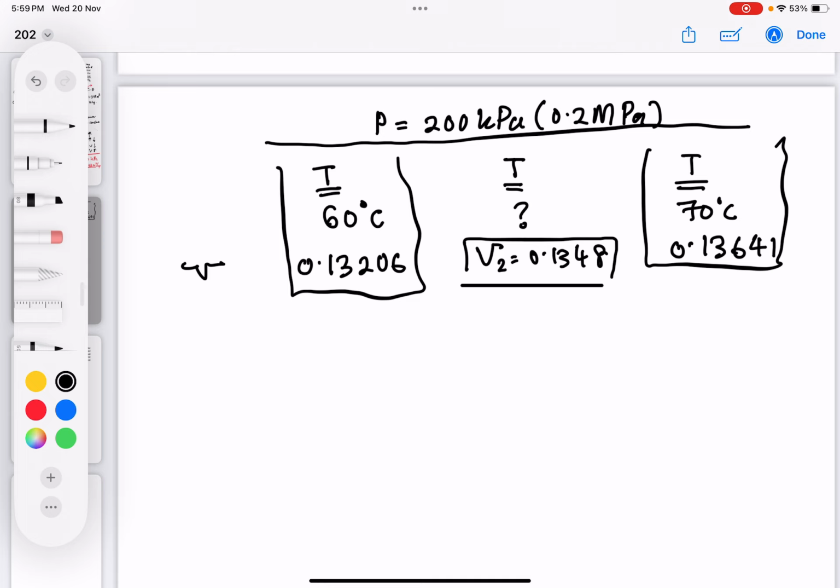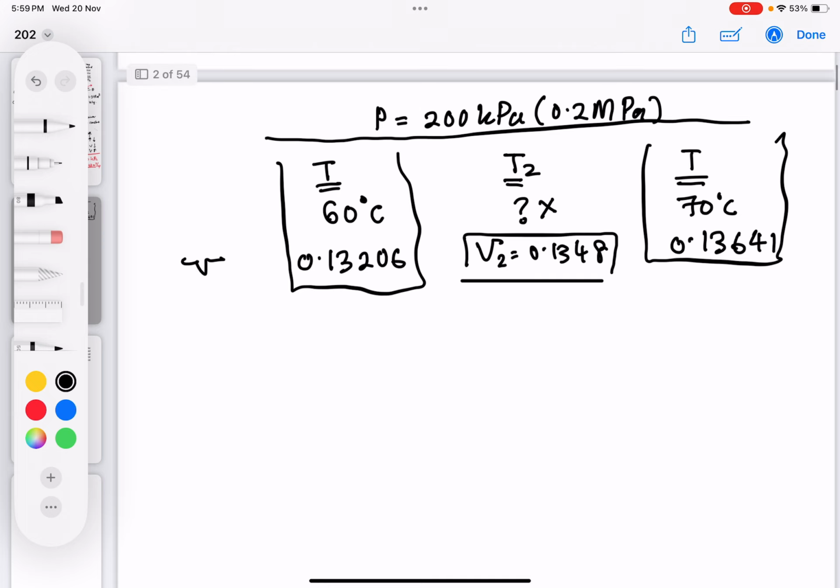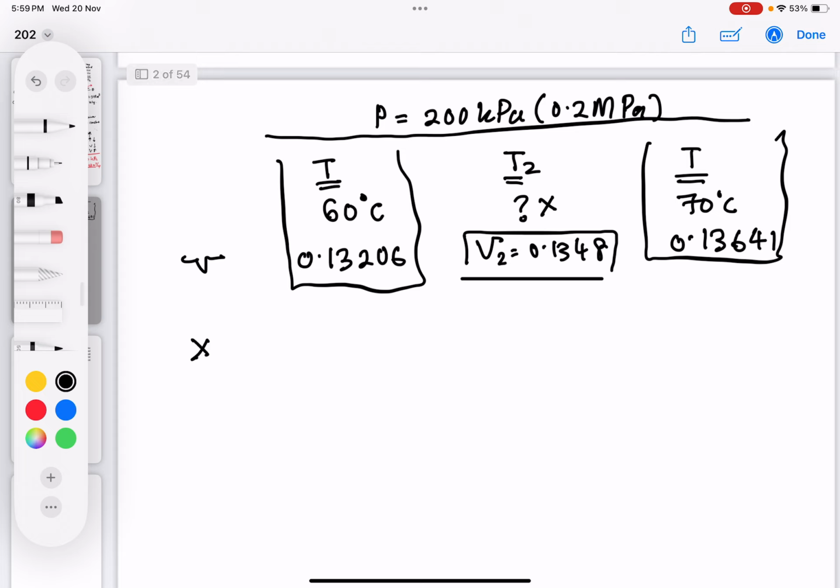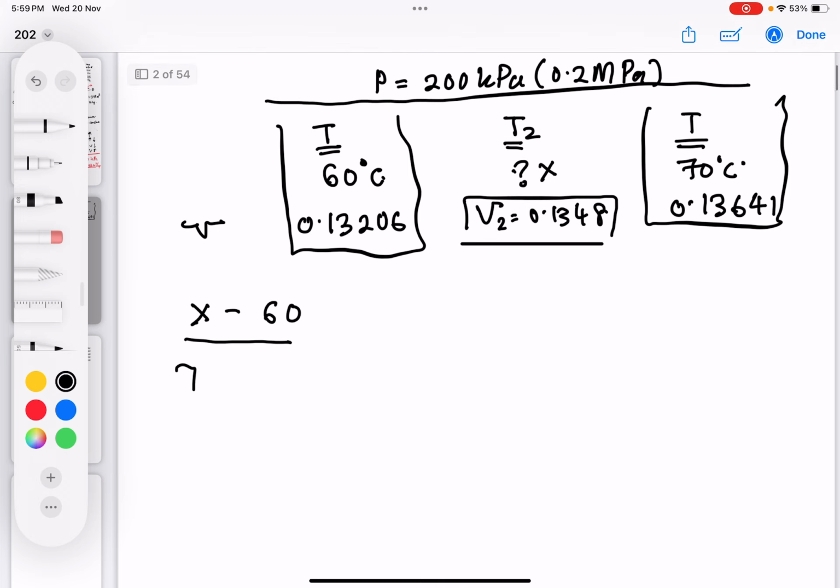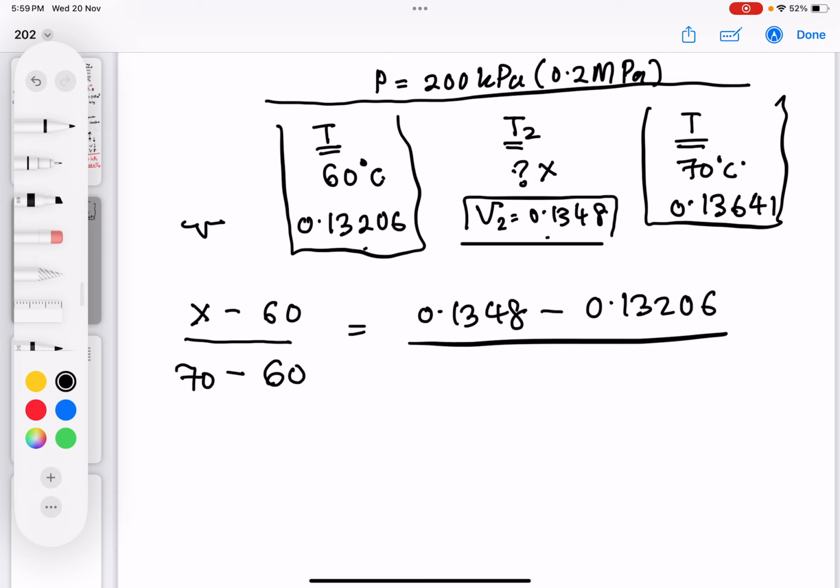Therefore, what I can do here, let's say the unknown temperature T2 is equal to X. So I will say X minus 60 over 70 minus 60 is equal to 0.1348 minus 0.13206, divided by 0.13641 minus 0.13206.